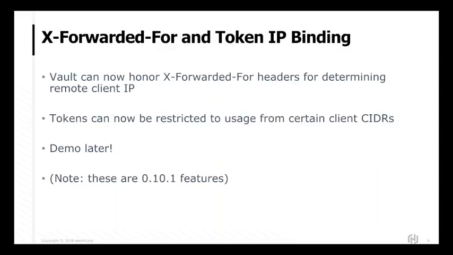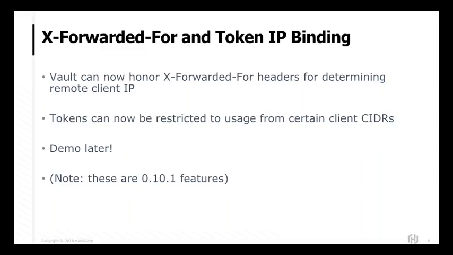And finally, X-Forwarded-For. We've been getting asks for this for a very long time, and this is one of those things where a lot of times there are features that we know people want, we know are useful, but we can't quite figure out the right way to do it in a way that makes security sense. So we want to make sure that if we're honoring X-Forwarded-For, we have a good story around how you do that safely, because it is just a header, it is pretty easy to spoof.